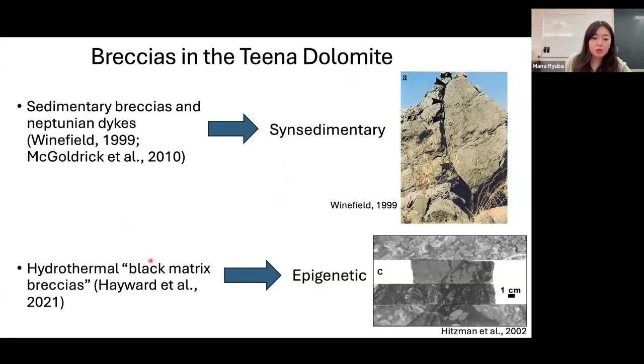They've been called black matrix breccias, and black matrix breccias are a hydrothermal breccia commonly associated with Irish-type deposits, which are more similar to MVT-type deposits. That would be an epigenetic origin for these breccias. I just think it's interesting that the story of the breccias seemed to be mirroring the different ideas for how stratiform zinc deposits form.